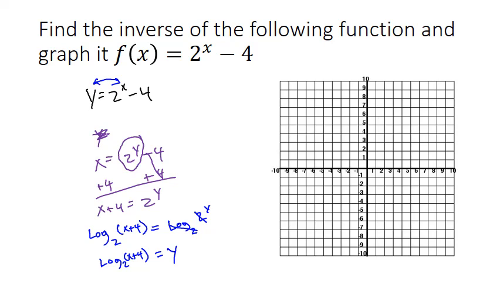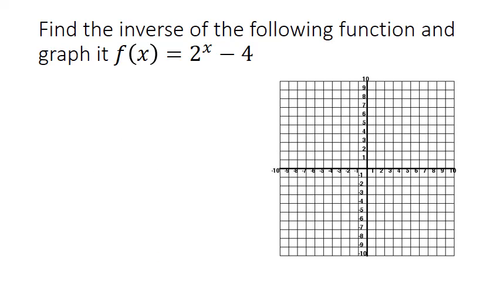In order for us to graph this, it would be a good idea for us to find a few attributes first. Let's find out what the vertical asymptote is for this particular graph. Remember that we're graphing log base 2 of x plus 4. For this particular graph, it does have a vertical asymptote where this is 0.